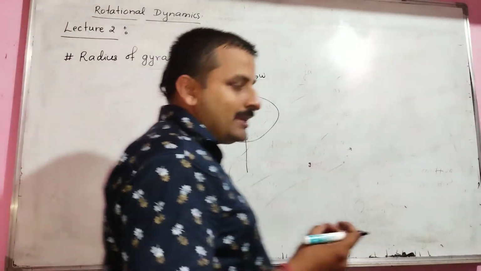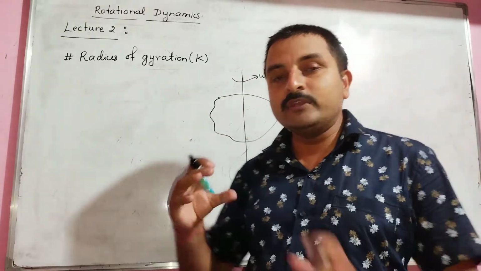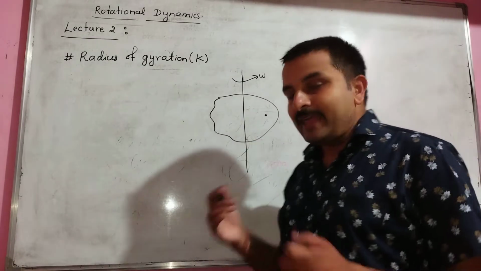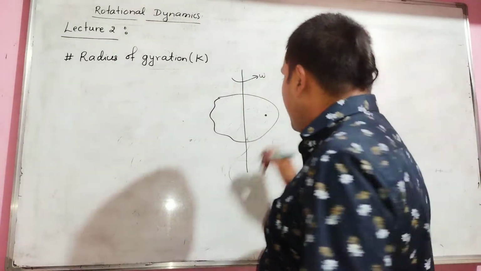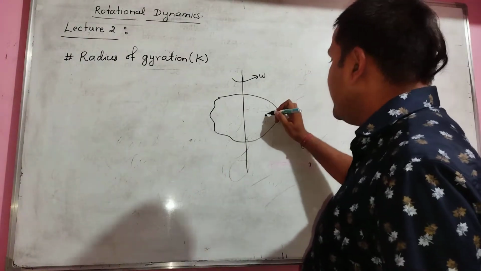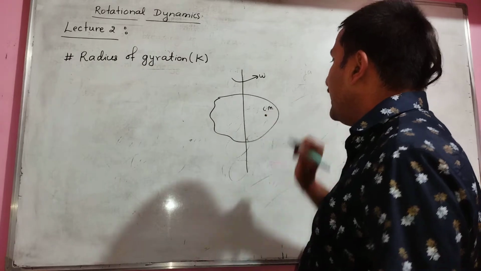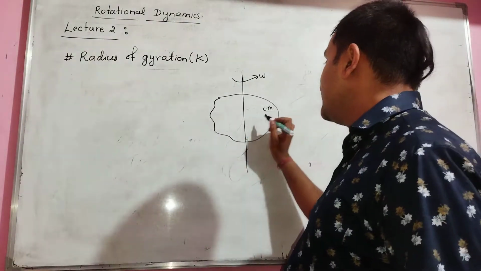Every body has a certain point at which the whole mass of the body is supposed to be concentrated, and we also call that the center of mass. I denote it as cm.